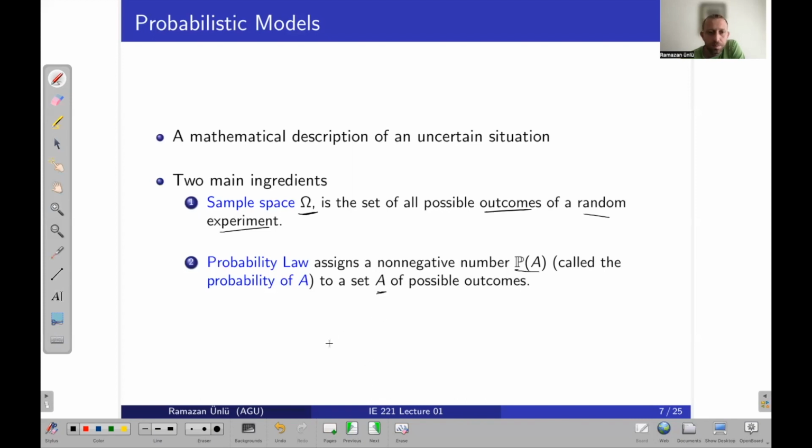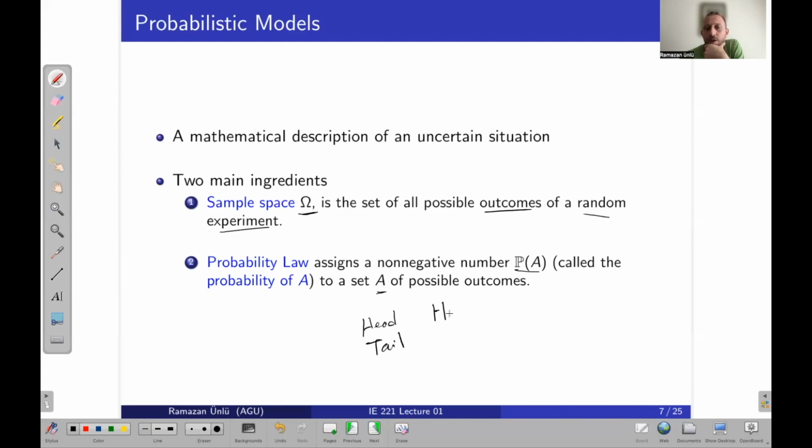So let me give you a simple example. Let's say you are tossing a coin, okay? So our sample space, omega, is the set of all possible outcomes, right? So you are tossing a coin, and what are all the possible outcomes? The possible outcomes are head and tail, right?